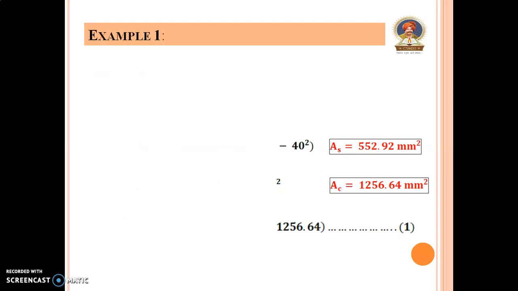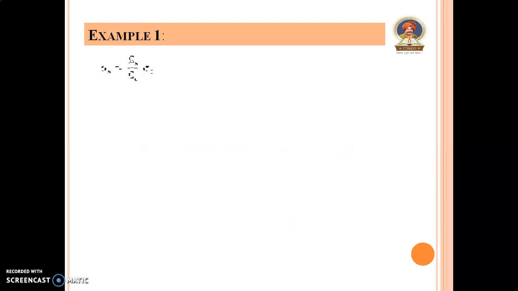Now we are going to use the equation sigma s is equal to Es upon Ec into sigma c. Now put the value of Young's modulus for steel and Young's modulus for concrete.